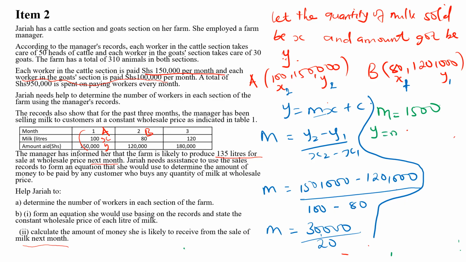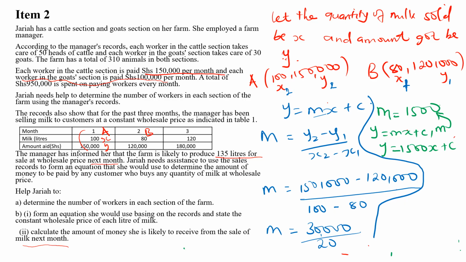So come back and check. y is equal to mx plus c. But I have my m as that, so come and fill it there. y is equal to 1,500x plus c. But still, you use any of these 2 points now to find the y-intercept, or the value of c.